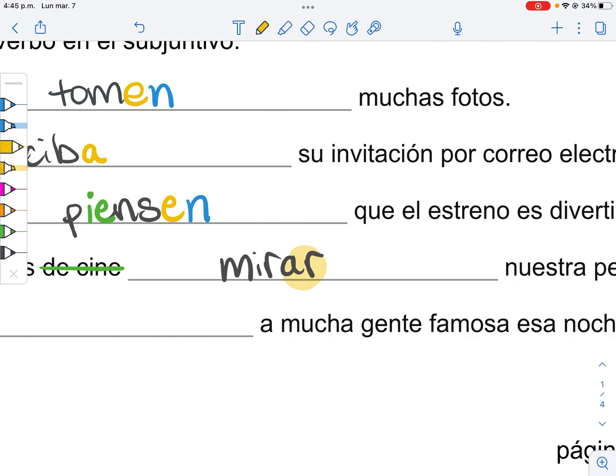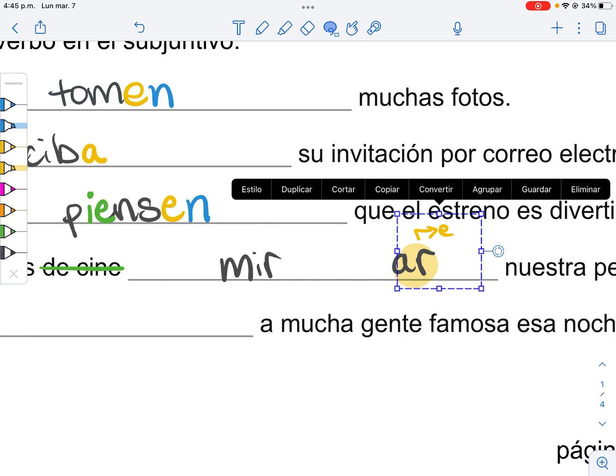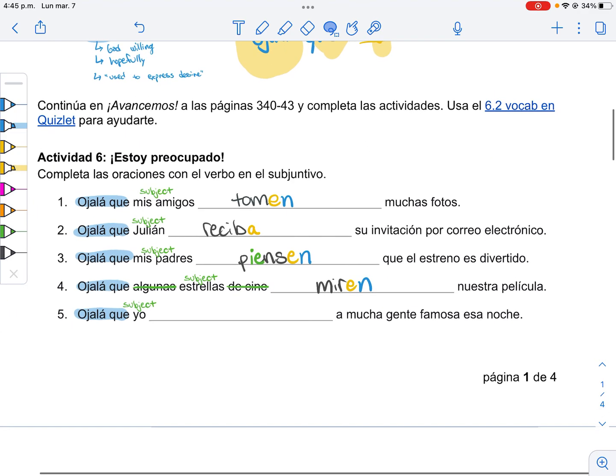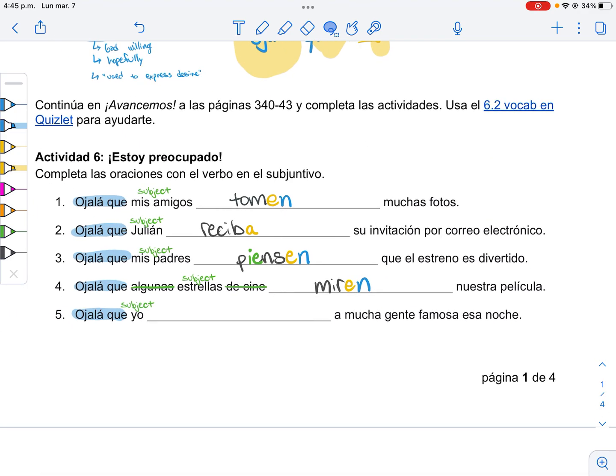This is going to move into an E, and because it's ellos, we're going to need to put an N at the end of it. Hopefully they see it. Ojalá algunas estrellas de cine miren nuestra película.